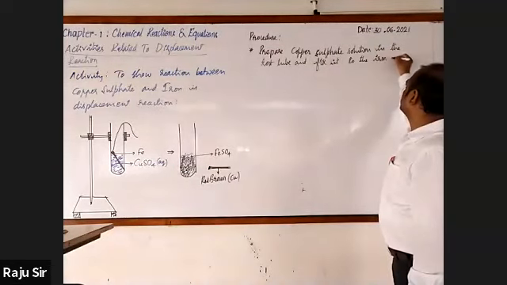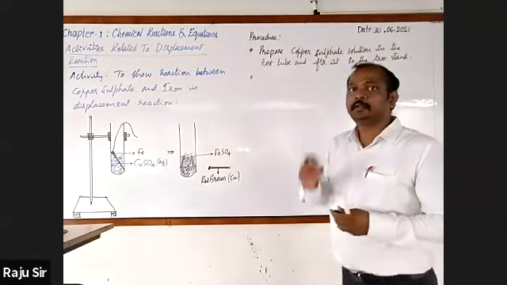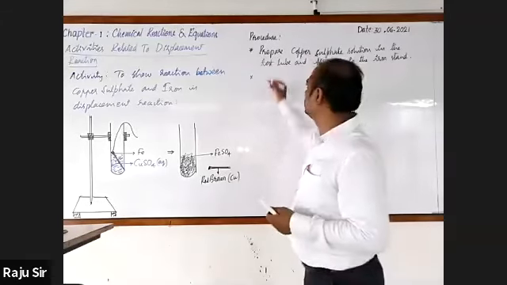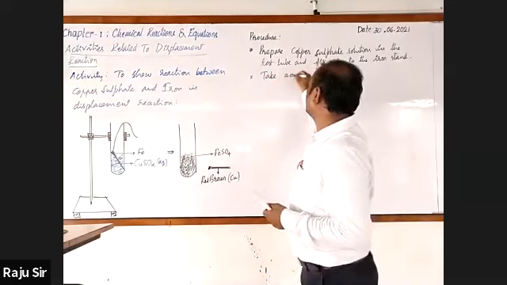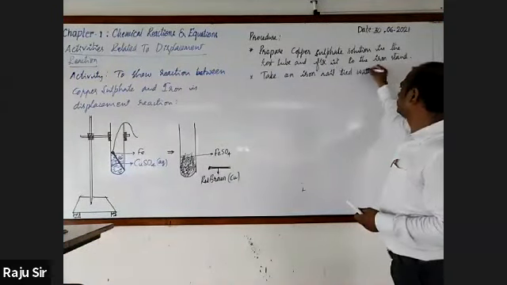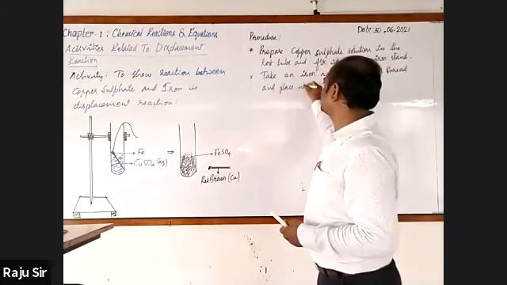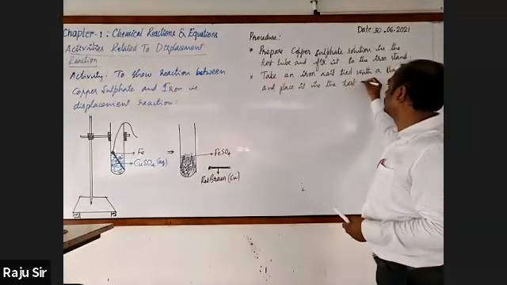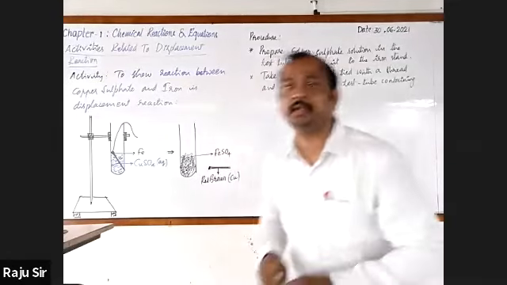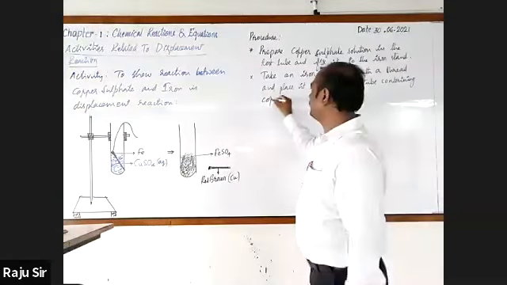Next, second point: take an iron nail tied with a thread and place it in the test tube containing copper sulfate solution.